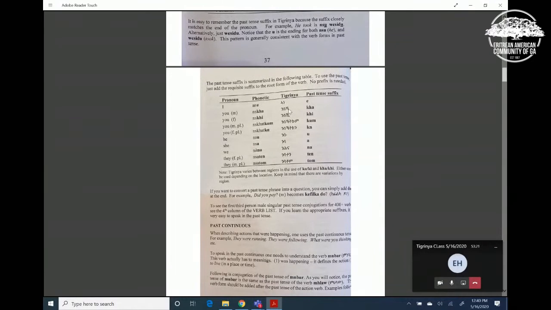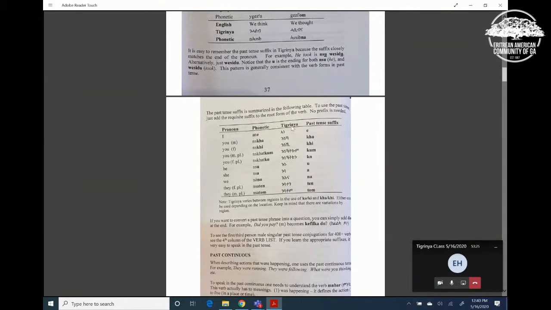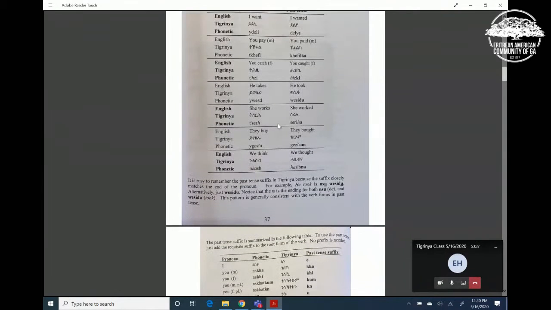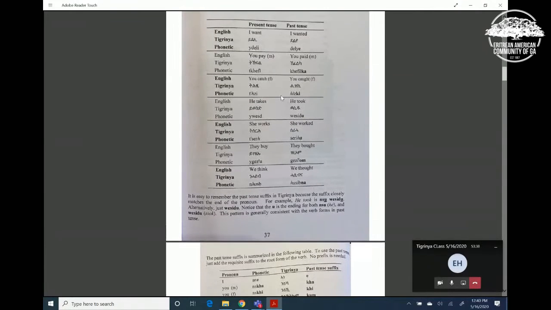Because in the present tense, you have a prefix, right? So for I, it would be I. For you, t, and then he, ye. But then if you want to do it in the past tense, you add an E on the end for I, K-A for you from a male.